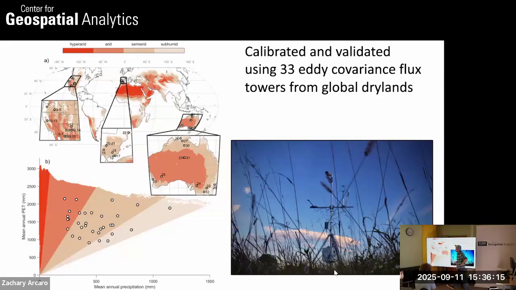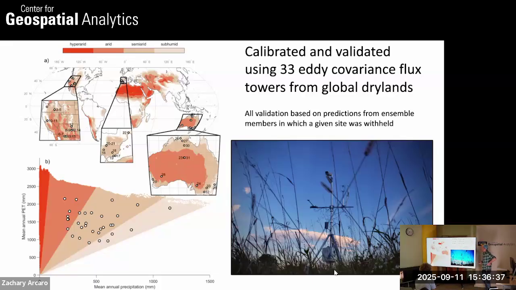They're basically entirely in the western US, some in the Iberian Peninsula in Europe, and then quite a few in Australia. The reason that they're in these three places rather than some of the other global drylands is because this is where the networks happen to be public and easy to obtain. And so that's what we used as our training data.